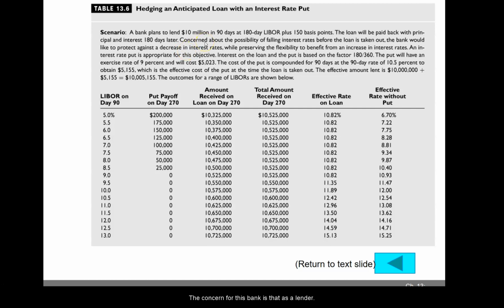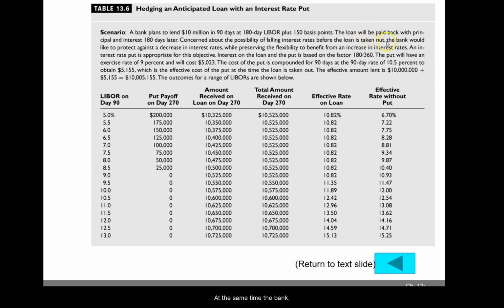The concern for this bank is that as a lender, it fears that interest rates may fall by the time it lends the loan, that is 90 days later, when it is lending $10 million, the interest rate in the spot market may be low.